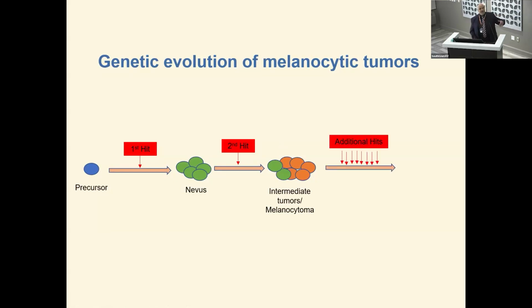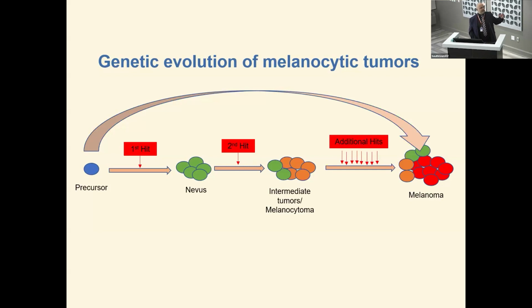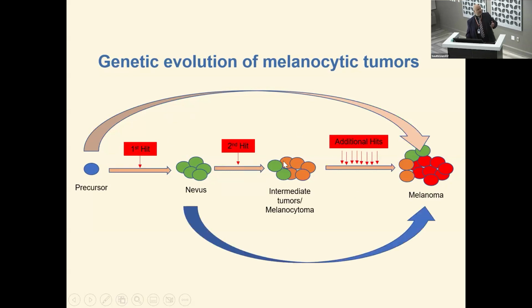And then there's an additional alteration that will produce melanoma. You can have this process going very fast. You don't necessarily have to see a nevus like was discussed before. Only about 20 to 40% are associated with a nevus. Or it can arise from a nevus without an intermediate tumor, so you can see the nevus associated. It's kind of rare to see all three.